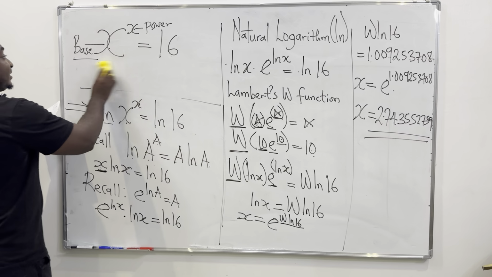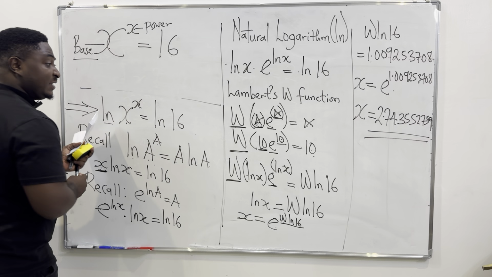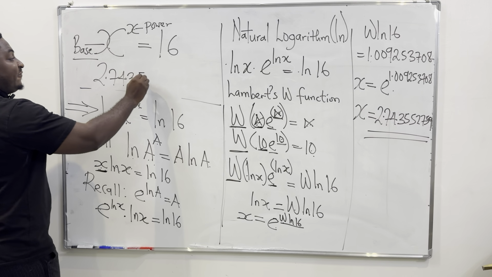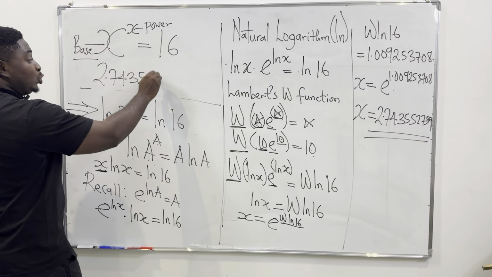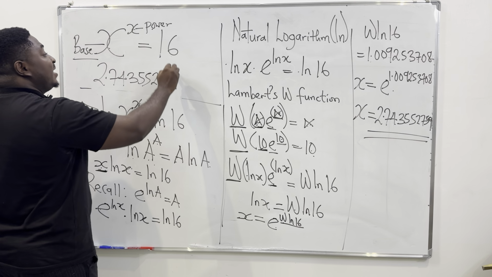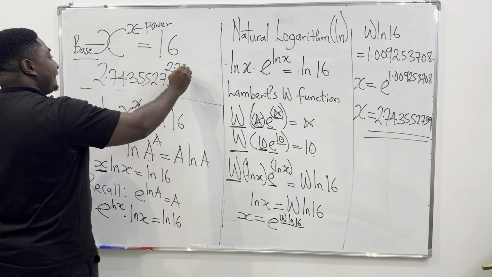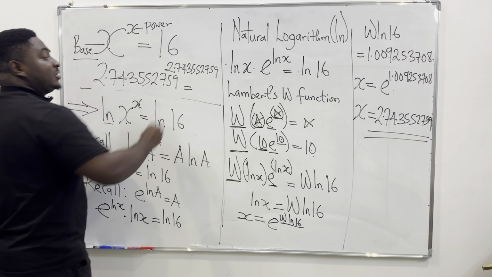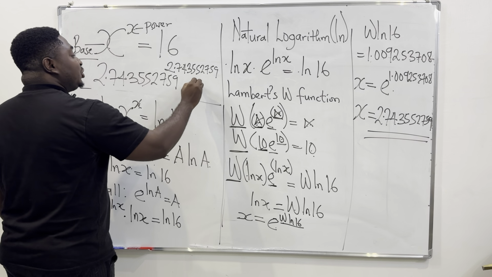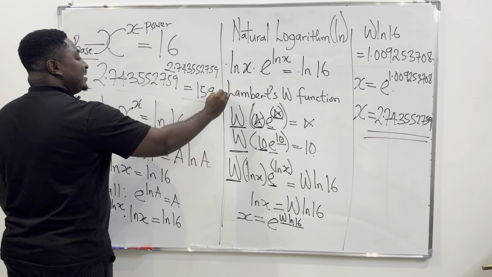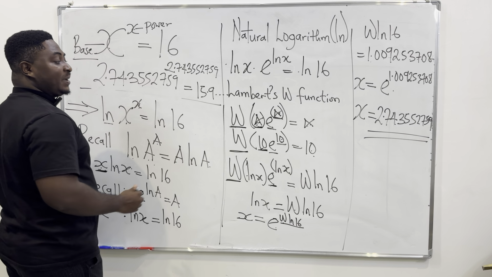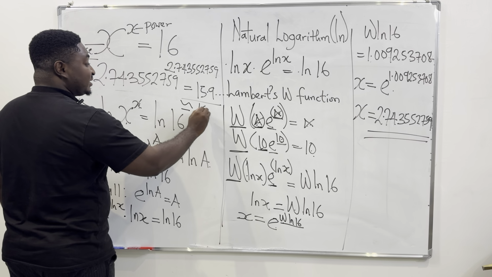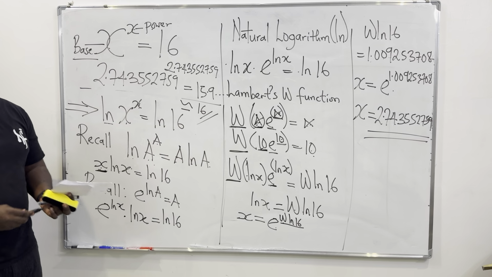If that value of x is correct, the question said x raised to x will give you 16, meaning that if you put in 2.743552759 and raise it to the power of 2.743552759 and you punch equal to in your calculator, you're going to have 15.9 and other numbers there, which when you approximate, of course everybody knows that when you approximate 15.999, you're going to have 16, which therefore means that our answer is correct.